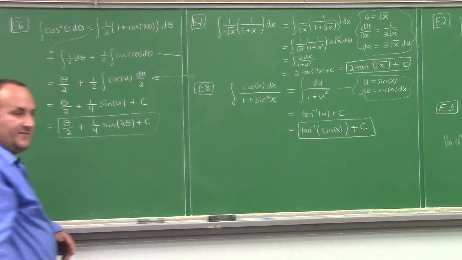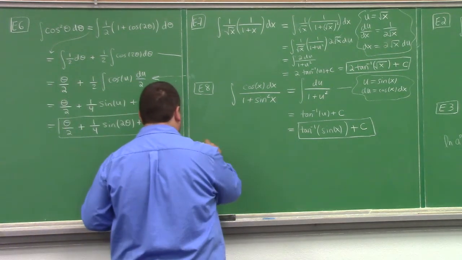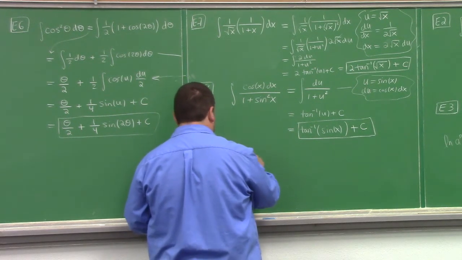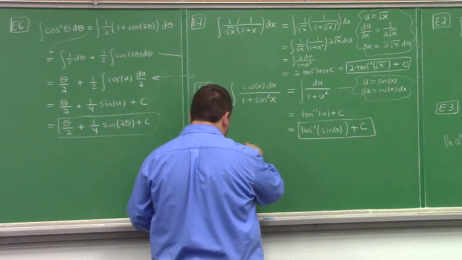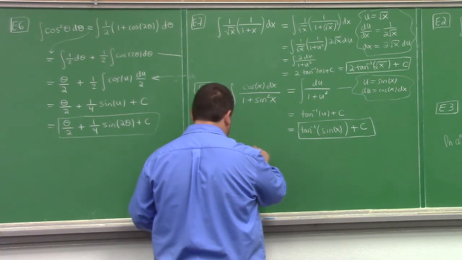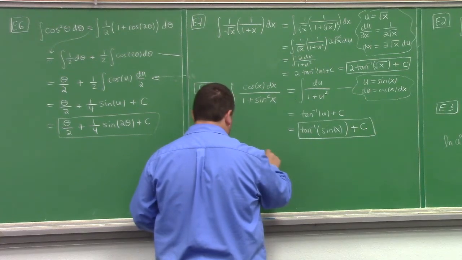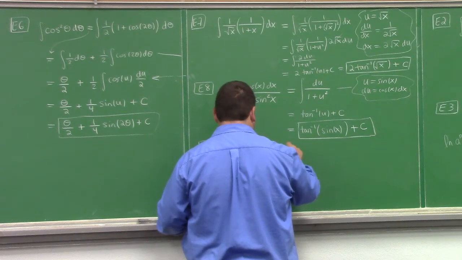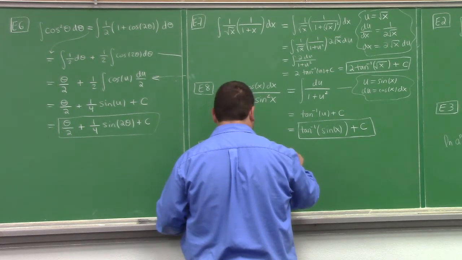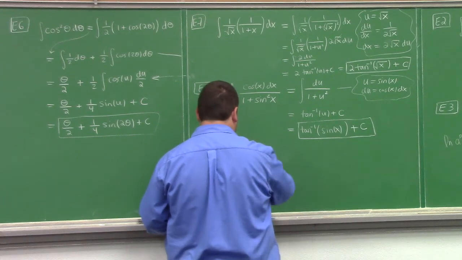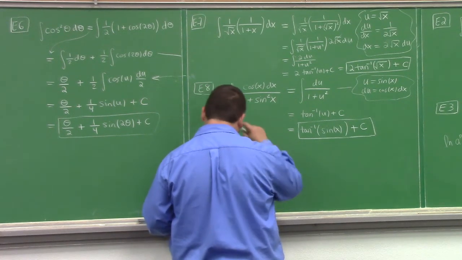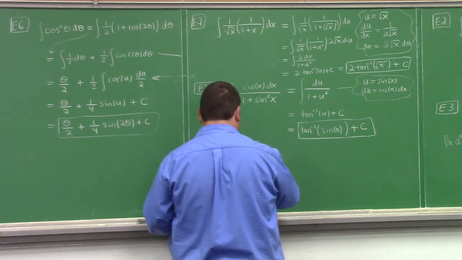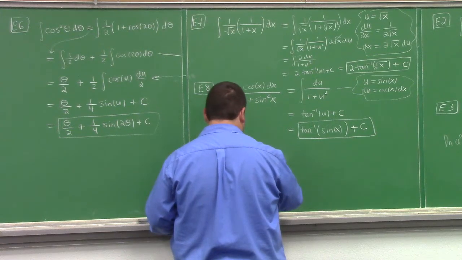One last example, this will be it for today. Example 9. What if we had the integral of x squared over 1 plus x cubed dx.